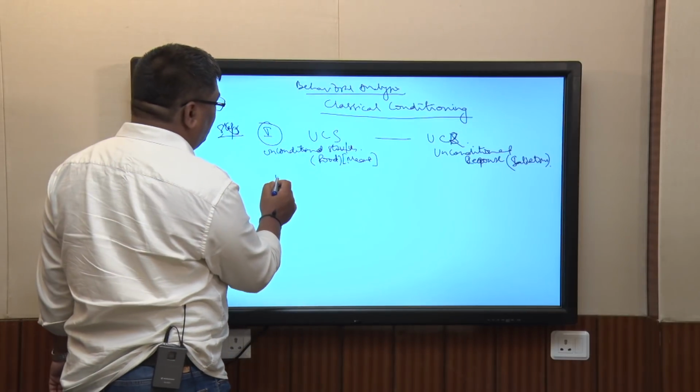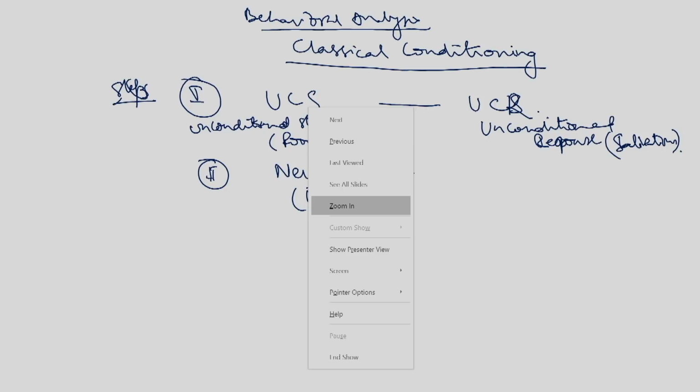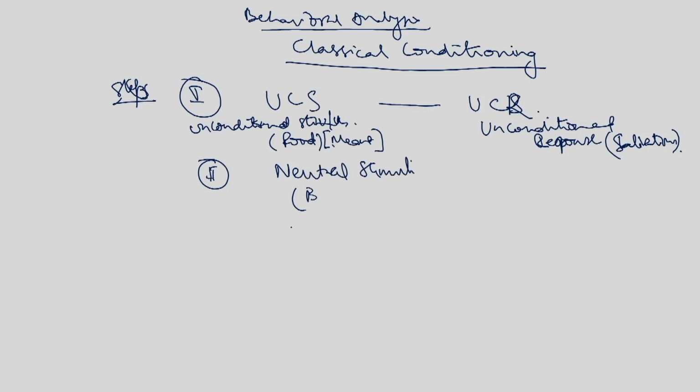In step 2, a neutral stimulus is taken, and this neutral stimulus could be maybe a bell. Right.